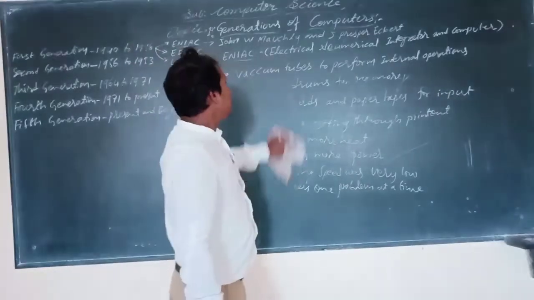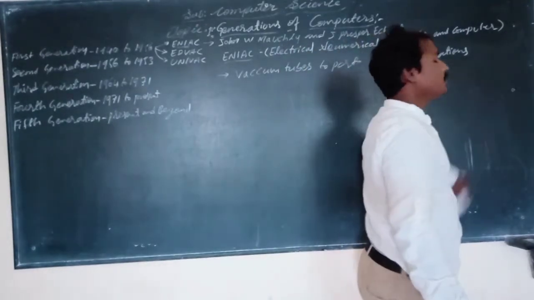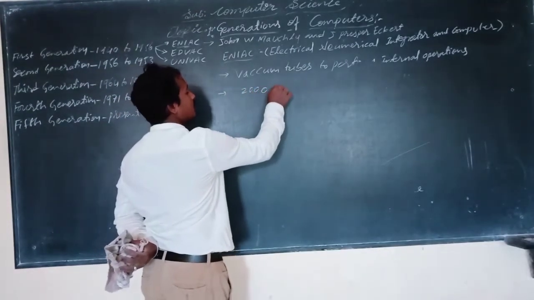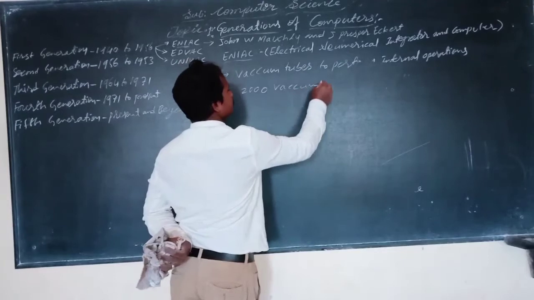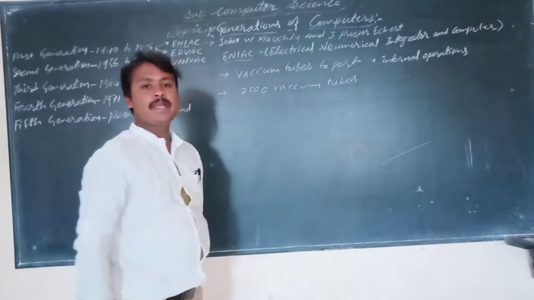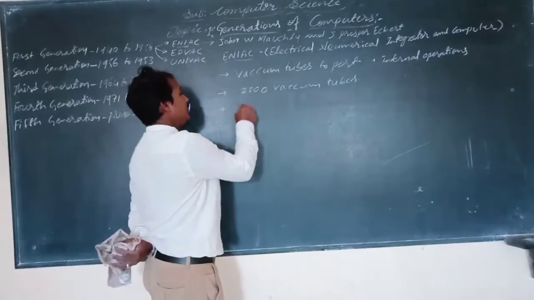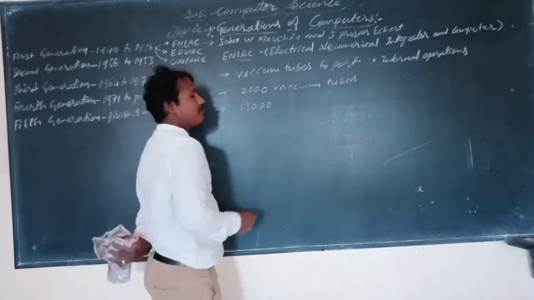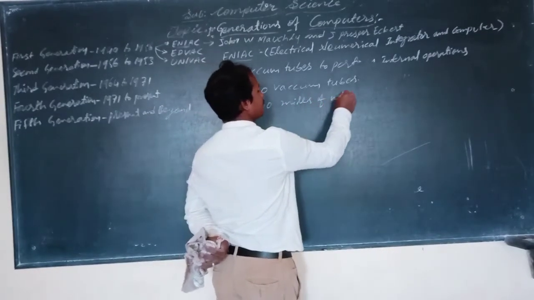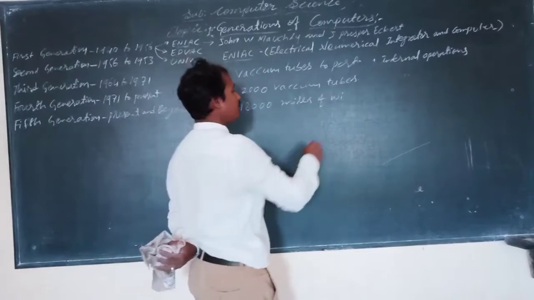This ENIAC computer used more than 2000 vacuum tubes in it. It used 18,000 kilometers of wire.